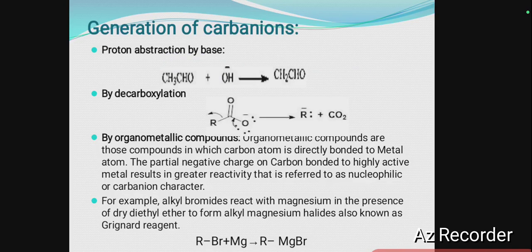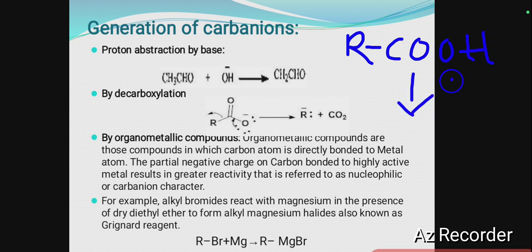It is formed from the carboxylic acid, that is RCOOH, when it loses a proton, H plus ion. This gets converted into RCOO minus. From this RCOO minus, by the elimination of carbon dioxide, carbanions are formed.